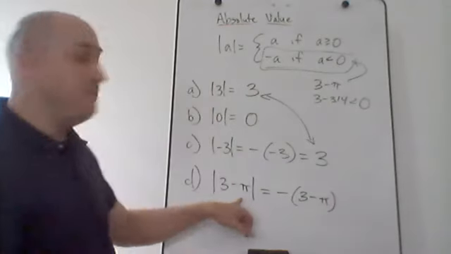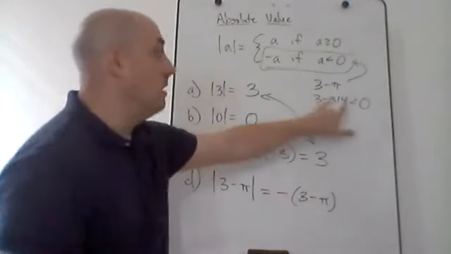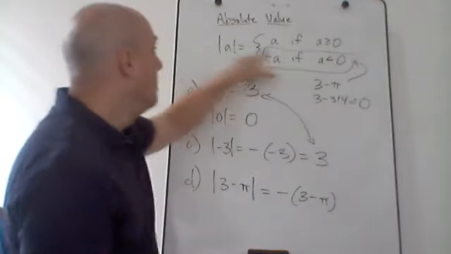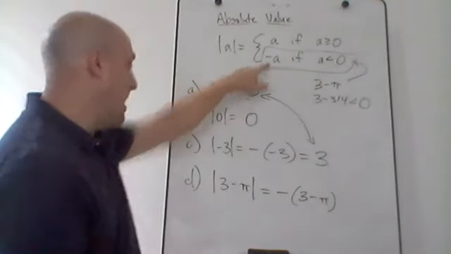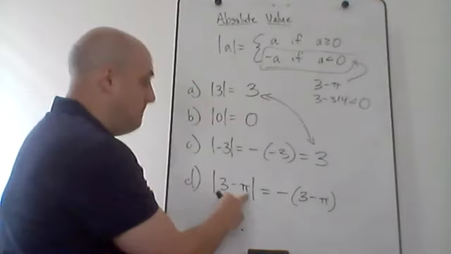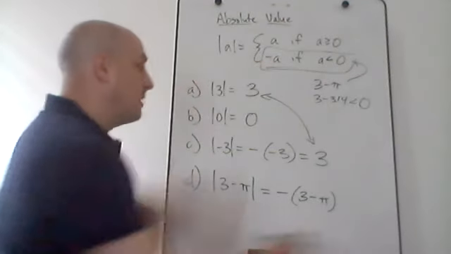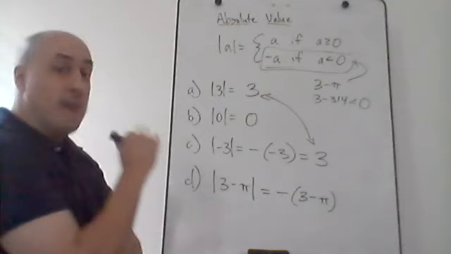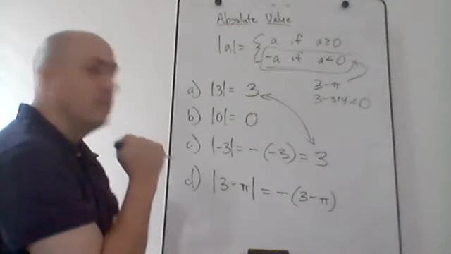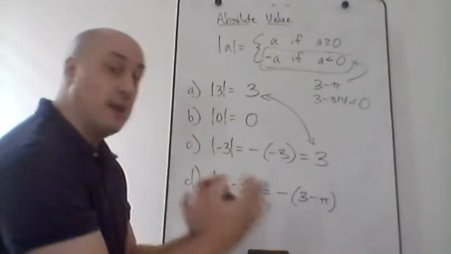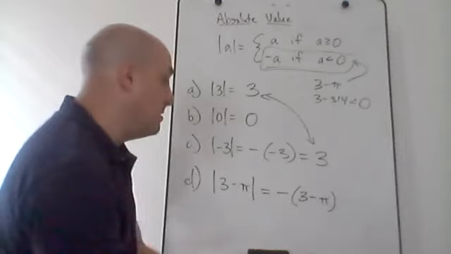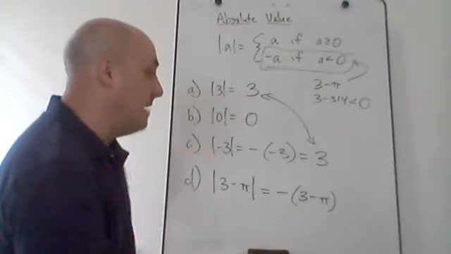Just following the definition, if a is less than 0, which we determined it is, the absolute value of a is negative a. So whatever is inside that absolute value, I have to take the negative of that quantity. Now remember, 3 minus pi is an entire quantity here, so I have to put that whole thing in parentheses with the negative outside of it.